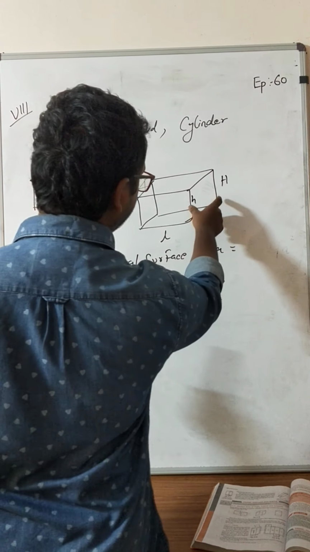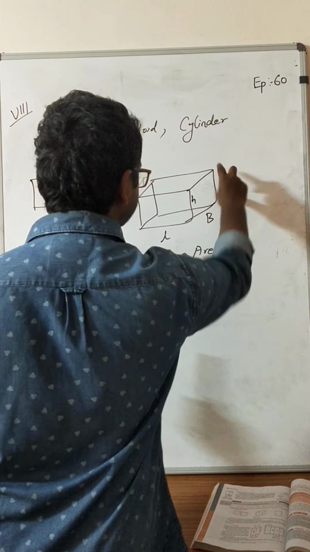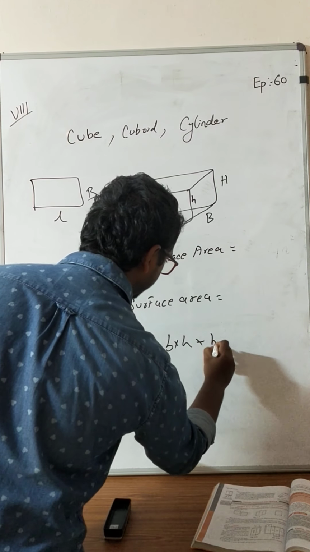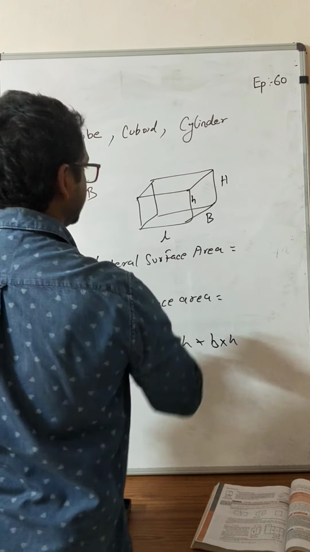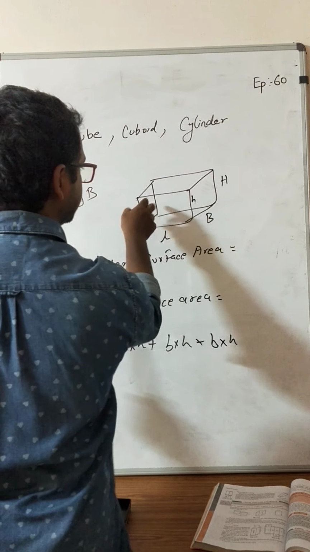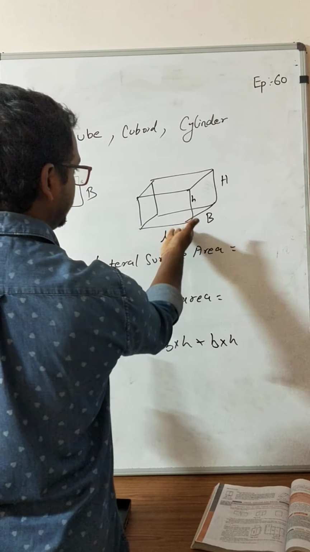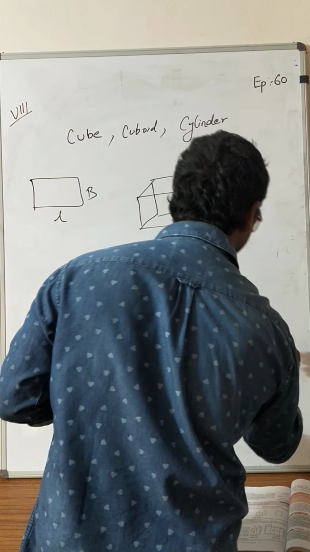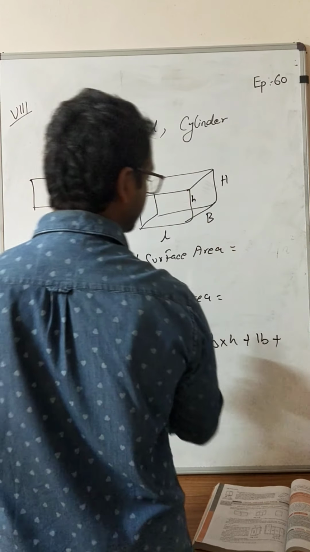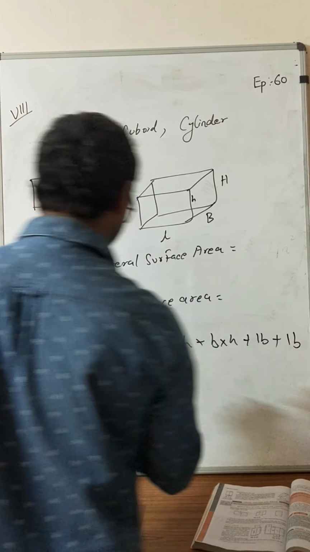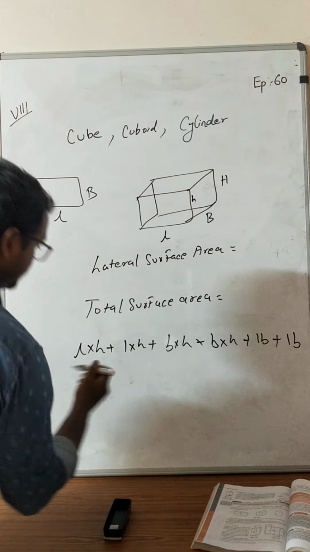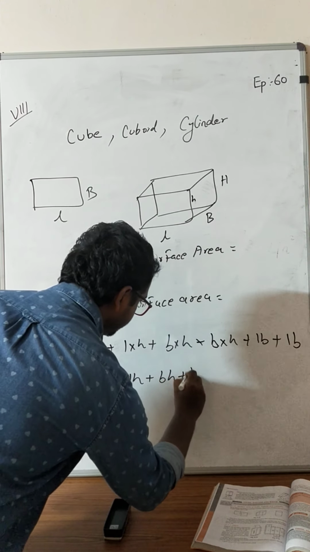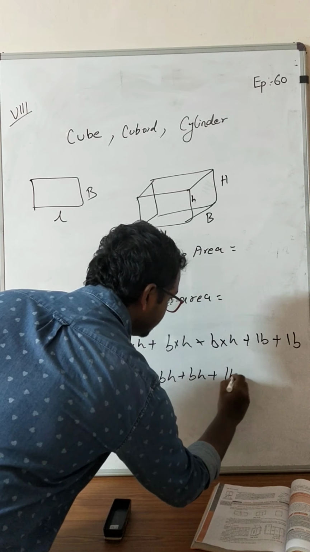Now see here, this face, this is breadth, this is height. So it is b into h plus b into h, because this side also it is b into h. Now go to the bottom. The bottom is length and breadth. If the bottom is length into breadth, then the top is also length into breadth. So if we add, we will get LH plus LH plus BH plus BH plus LB plus LB.